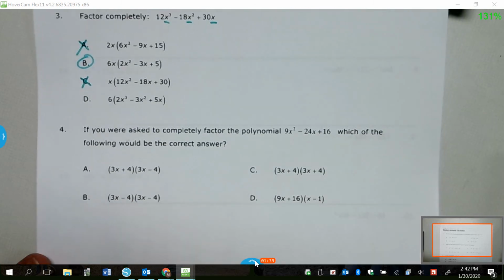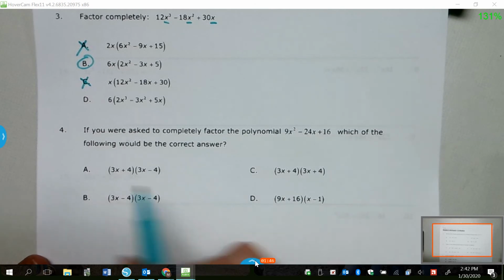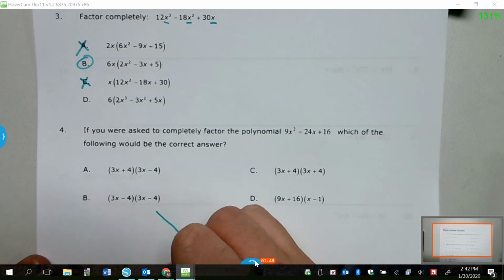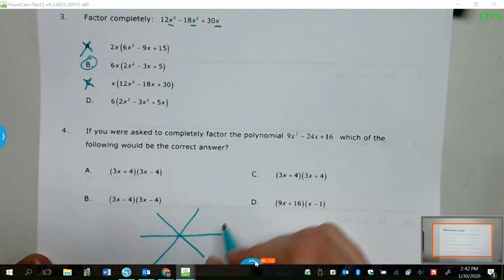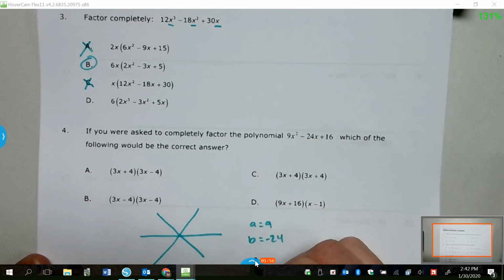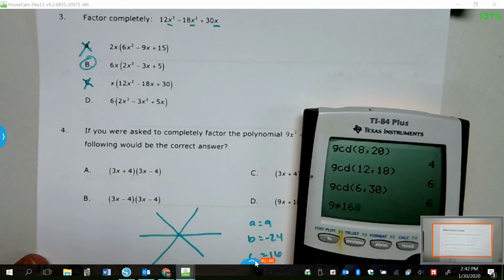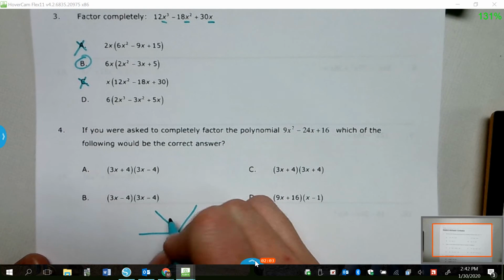Number 4, if you were asked to completely factor this polynomial, which of the following would be the correct answer? So none of them have a GCF taken out, so we don't really even need to worry about that. You could do your snowflake. A is 9, B is negative 24, and C is 16. So 9 times 16 is 144.